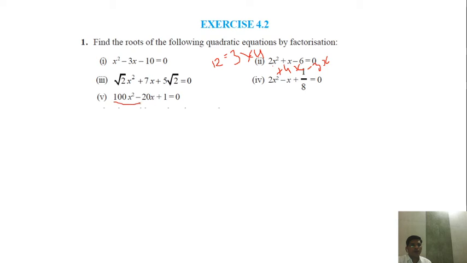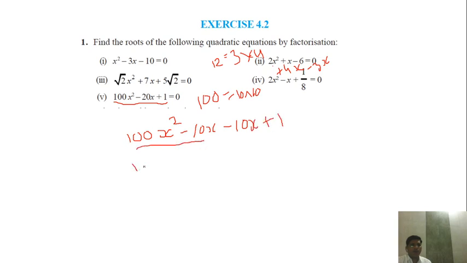Now we have 100x square minus 2x plus 1. Make a factor of 100. So 10 into 10, that is 100. So 100x square minus 10x minus 10x plus 1.